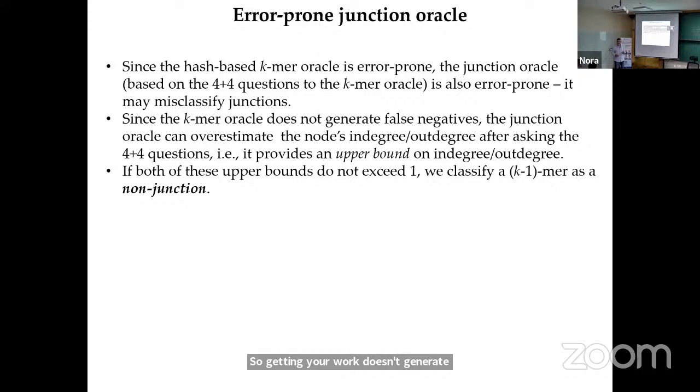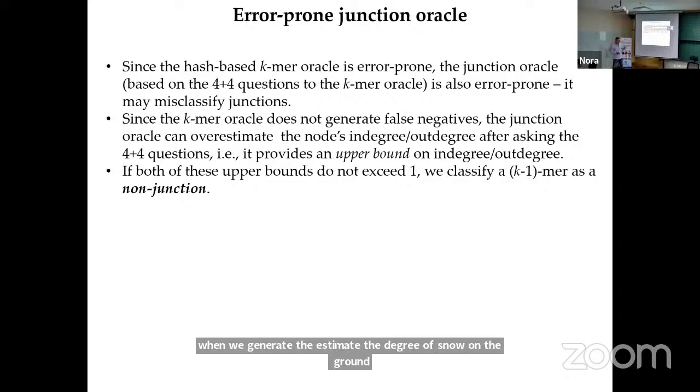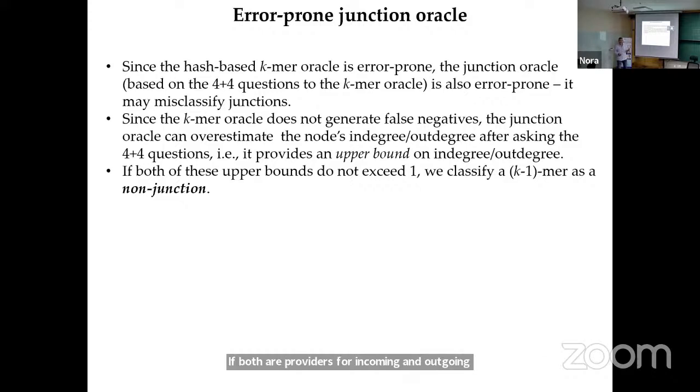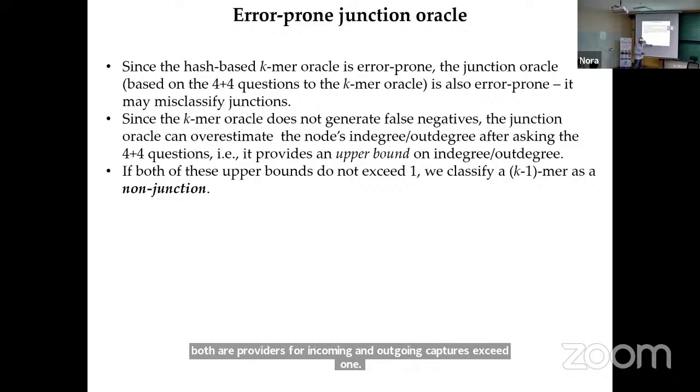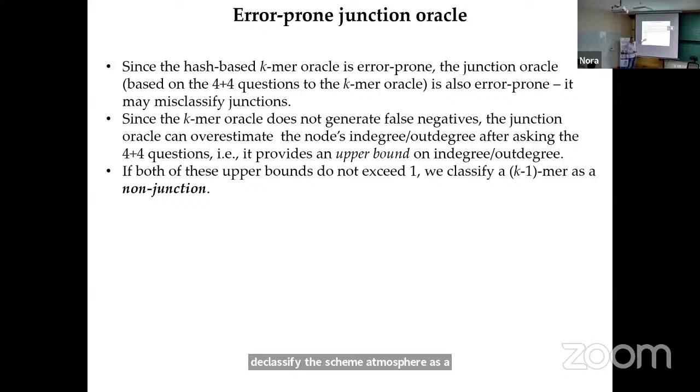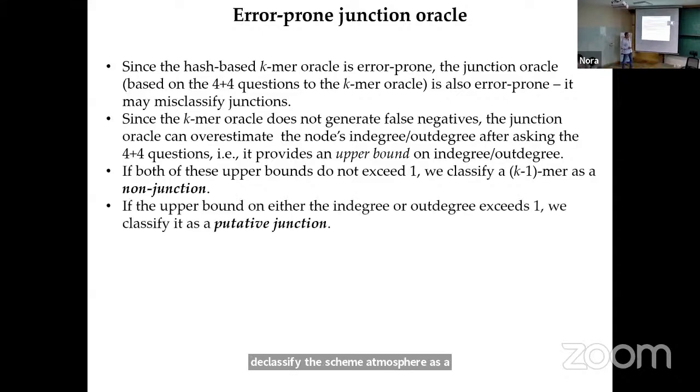Therefore, when we estimate the degree of the node in the graph, if both upper bounds for incoming and outgoing edges are 1, we classify this (k-1)-mer as a non-junction.